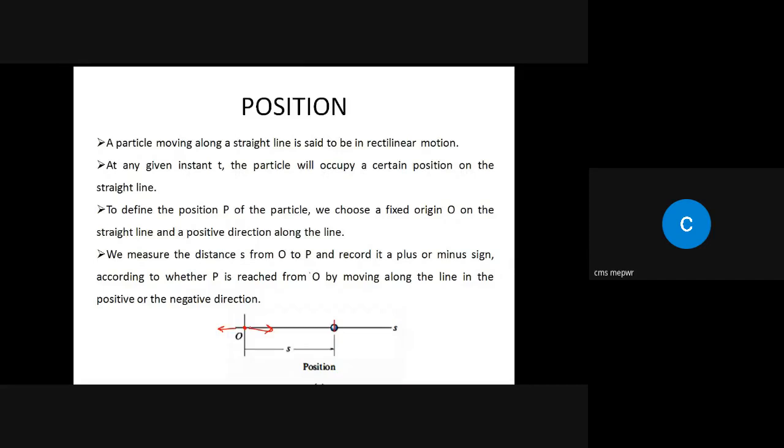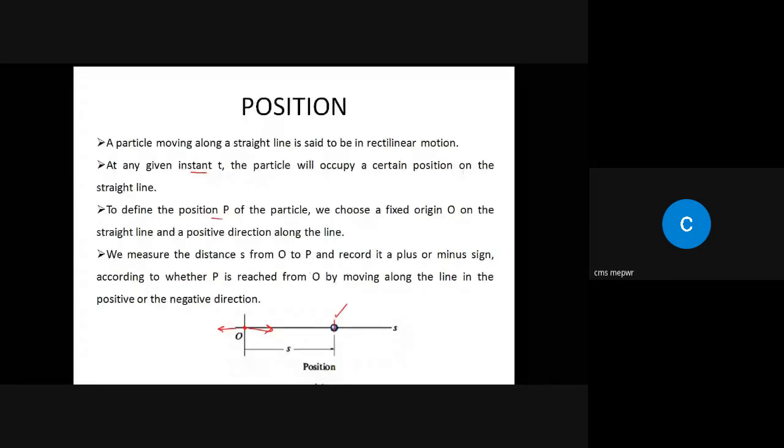At any given instant t, the particle will occupy a certain position on the straight line. Let's say this one. To define the position P of the particle, we choose an origin O on the straight line and a positive direction along the line.